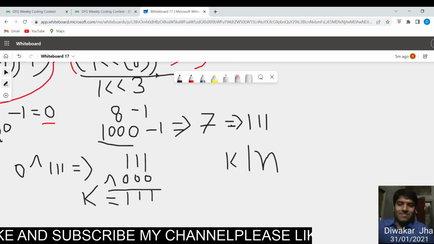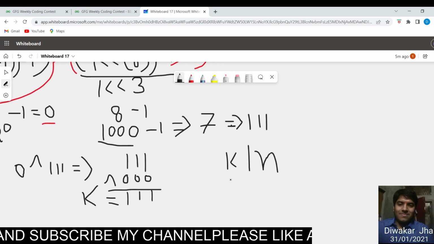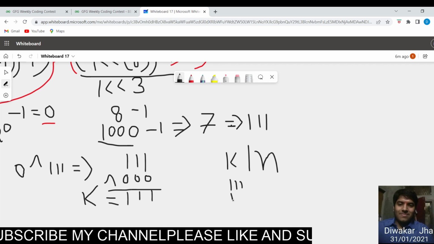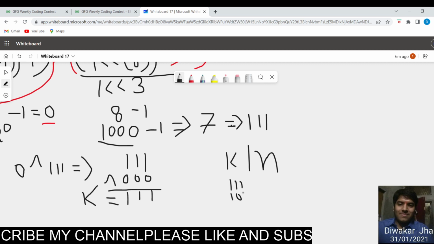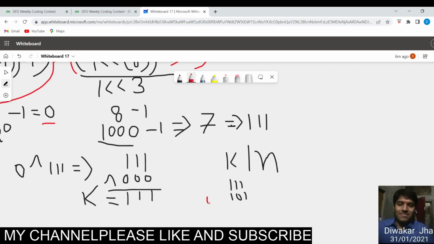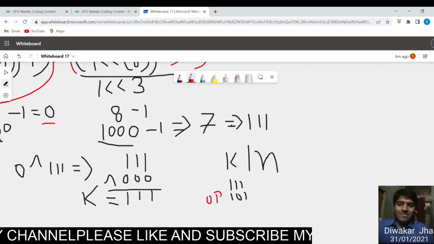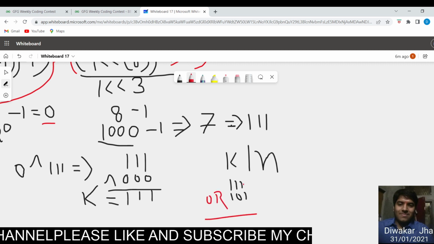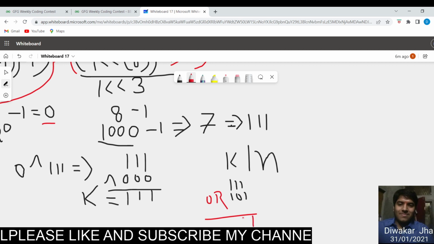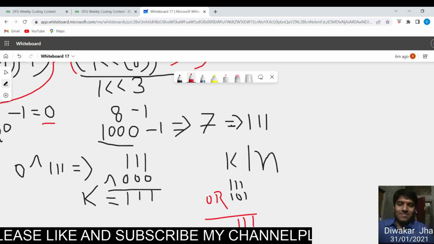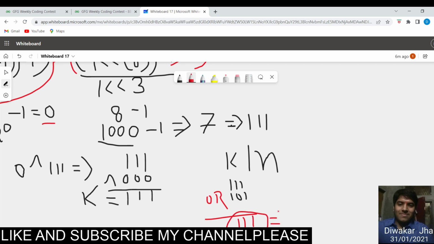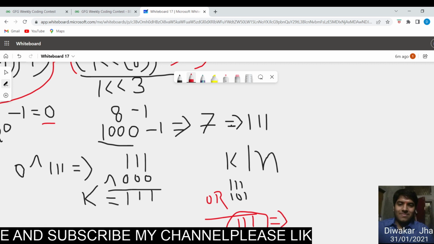So your value 111 should be changed to the value 101 with the help of the OR operation. So you know very well that 1 and 1 should be 1, 101 and 111. So this is your resultant value of the bitwise OR.